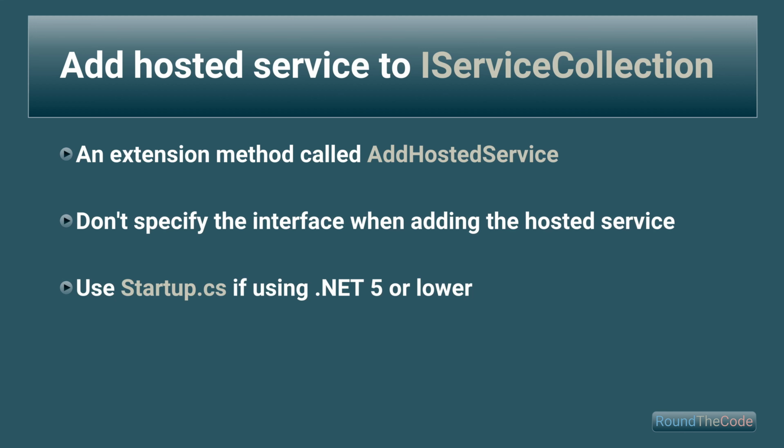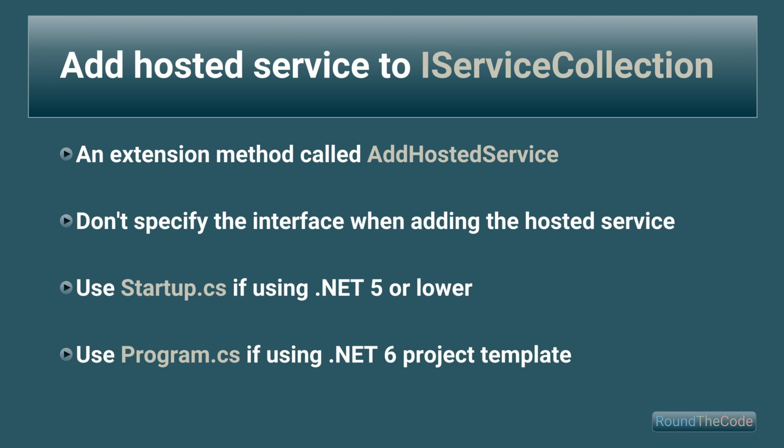If the web application has a Startup.cs file, which will always be the case if using .NET 5 or lower, it can be added using the IServiceCollection type parameter that is passed into the ConfigureServices method. If the web application is used in .NET 6 and was created using the .NET 6 template, then we can add it into the Program.cs file. Let's see how we can add it to a .NET 6 application.